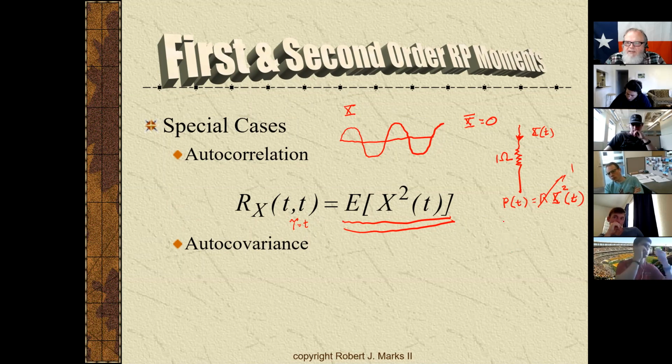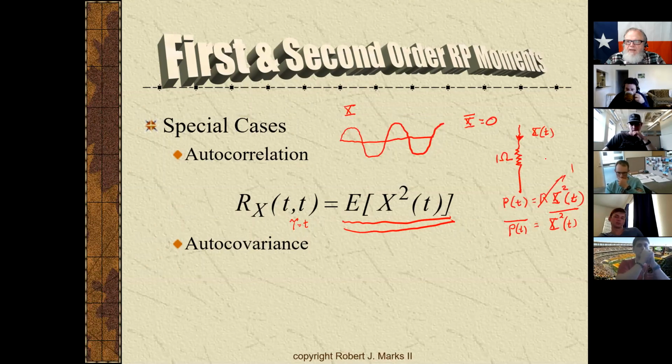So that's the instantaneous power which is dissipated by the resistor. And we're saying here that the resistance is 1 just to get rid of some unnecessary details. So here's the point. The expected value of the power that is dissipated by the resistor is equal to the expected value of the square of the stochastic process. Does that make sense? So therefore, the autocorrelation is very important in engineering, because that's what gives us the power, for example, in circuitries.